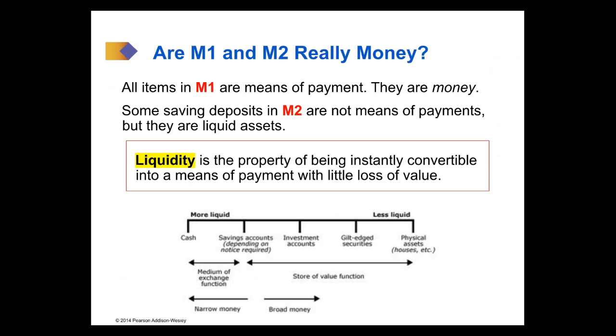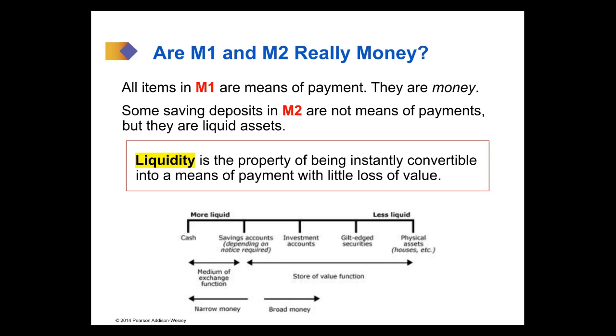So, getting back to our original idea about money, everything in M1 is a means of payment, and therefore it's money. Paper money, coins, things in my checking account, I can write a check and immediately use it to pay for goods and services. So they're very liquid. Now, some things in M2 are not really means of payment.